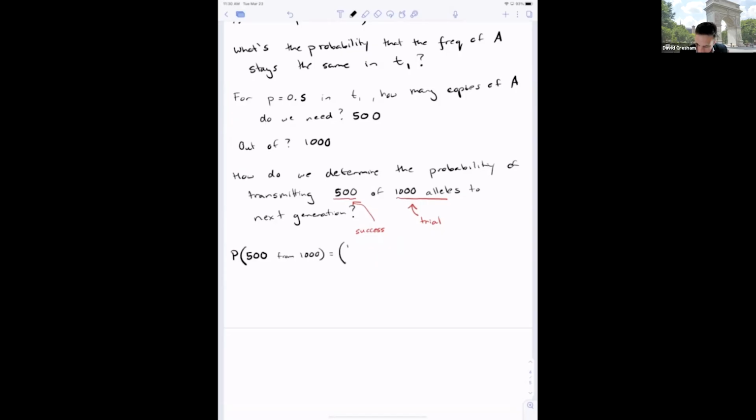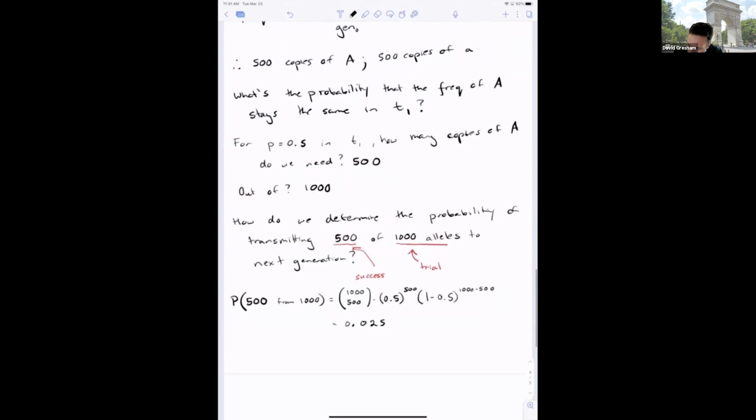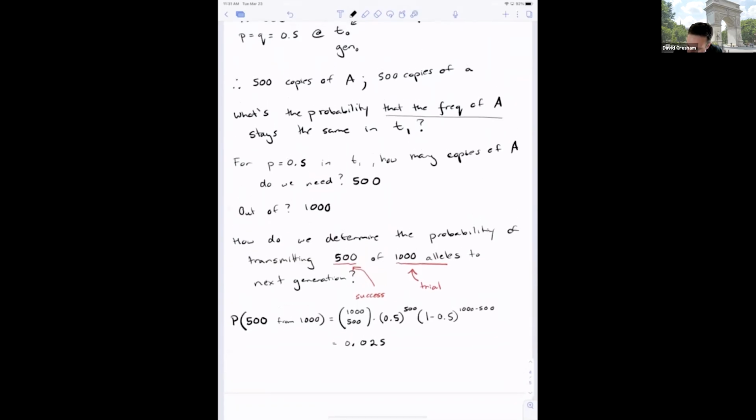It's going to be 1,000 choose 500, multiplied by our probability of a success, which is 0.5, to the power of 500, multiplied by our probability of a failure, which is 1 minus 0.5 in this case, to the power of the number of failures. And I can compute that probability to be 0.025.